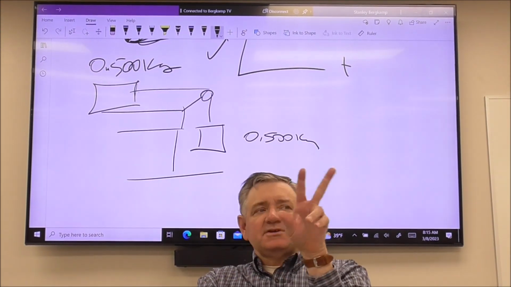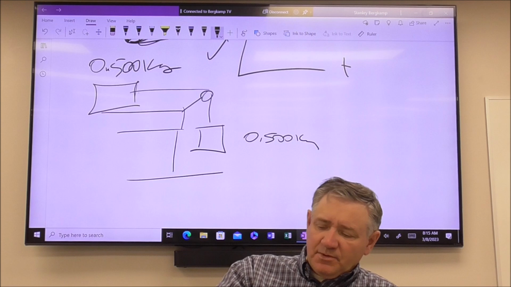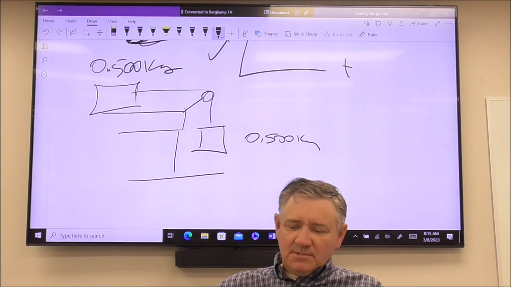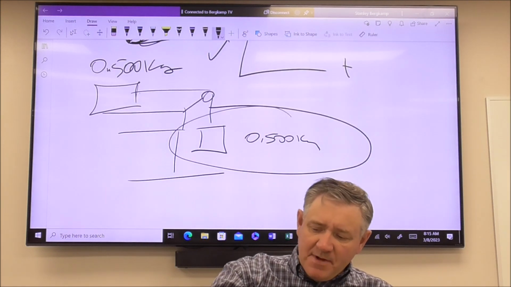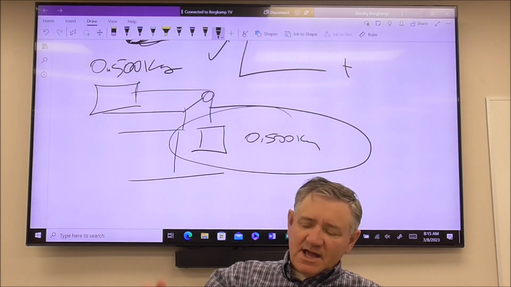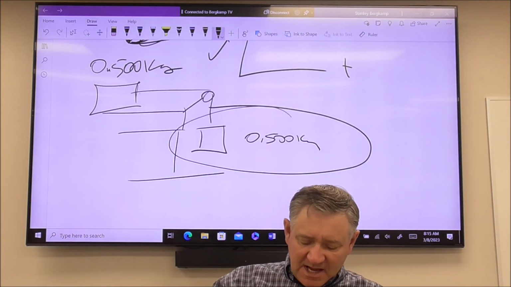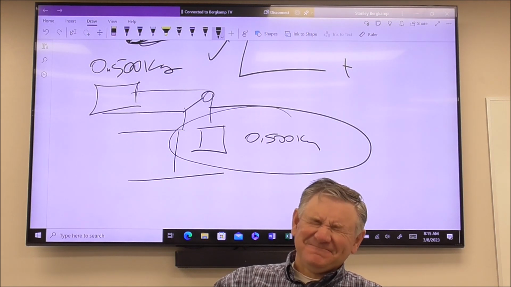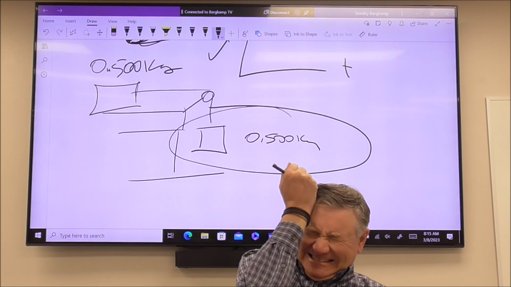So let's look at two scenarios. Scenario number 1, let's just look at all the forces acting on the system. So I have a half a kilogram mass suspended in the Earth's gravity. Jaden, how am I going to calculate the force acting on a half a kilogram mass? Take the mass times gravity.